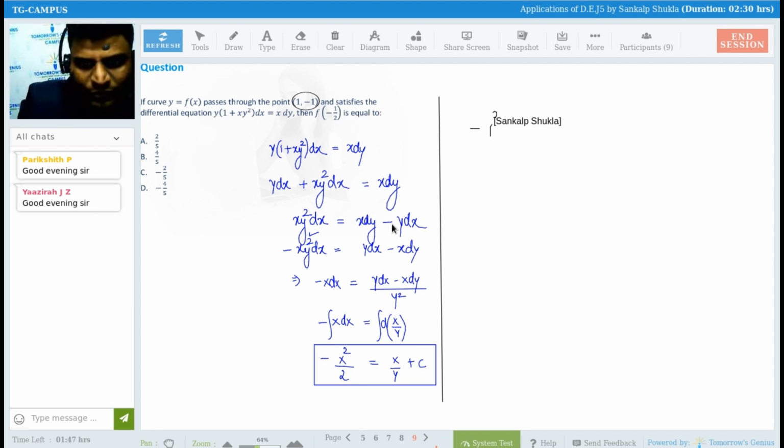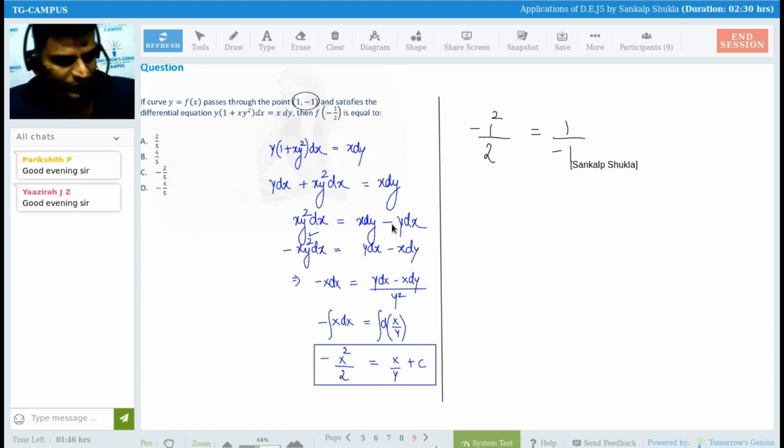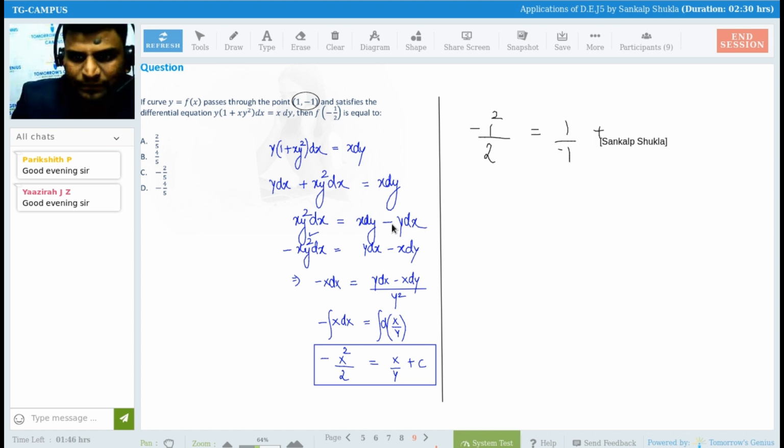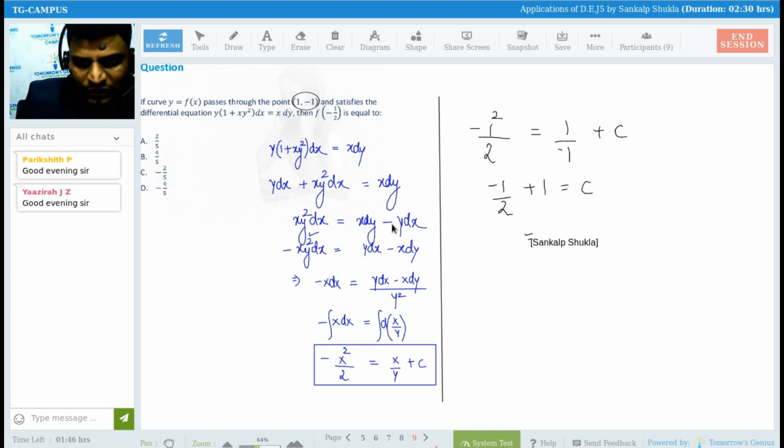So minus 1 square upon 2 is equal to 1 upon minus 1, right? Got it? And plus c. So minus 1 by 2 plus 1 is equal to c. So the value of c is 1 by 2.